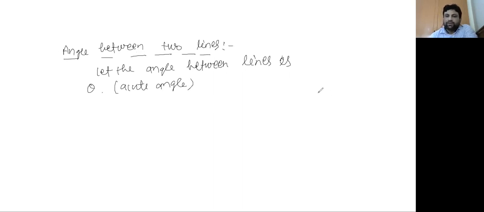Got it? So here I am drawing the diagram. You can see here this is the x-axis and this is the y-axis, and this is a line, and this is another line. So here you can see the angle between both lines. Suppose this is L1 and this is L2.